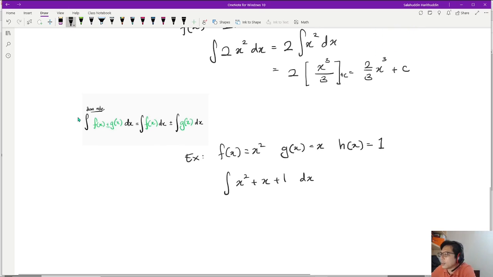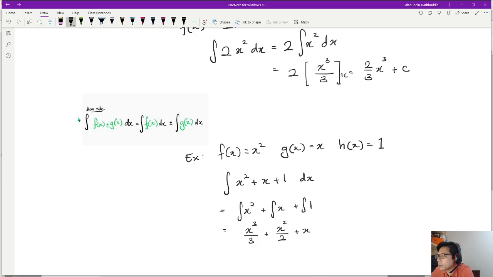What is it going to be? Whenever you see this, what you're going to do is just separate them all. Here you will get x cubed over 3, plus this one would be x squared over 2, and what about that one?